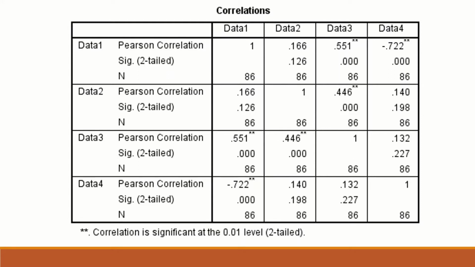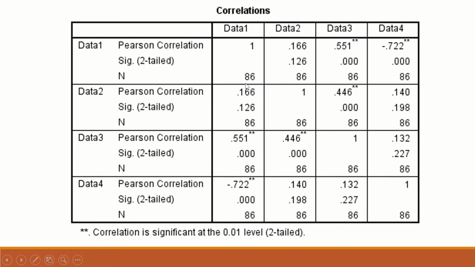When we look at data 1 and data 3, the coefficient, or the R, is 0.551. This is a moderate, positive relationship. Whenever data 1 increases, data 3 increases, and it is statistically significant as the p-value is less than 0.05.